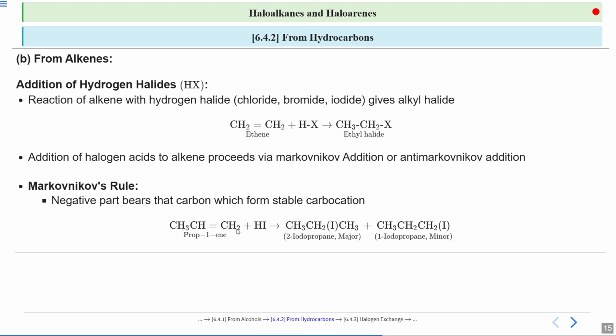Because if one hydrogen is removed from the first carbon, the positive charge will come at the first carbon and it will make it a primary carbocation. So a secondary carbocation is more stable than a primary carbocation. That's why the I negative will go to the stable carbocation carbon. Okay, so your major product is 2-iodopropane, and remember, we are studying this according to the Markovnikov rule.